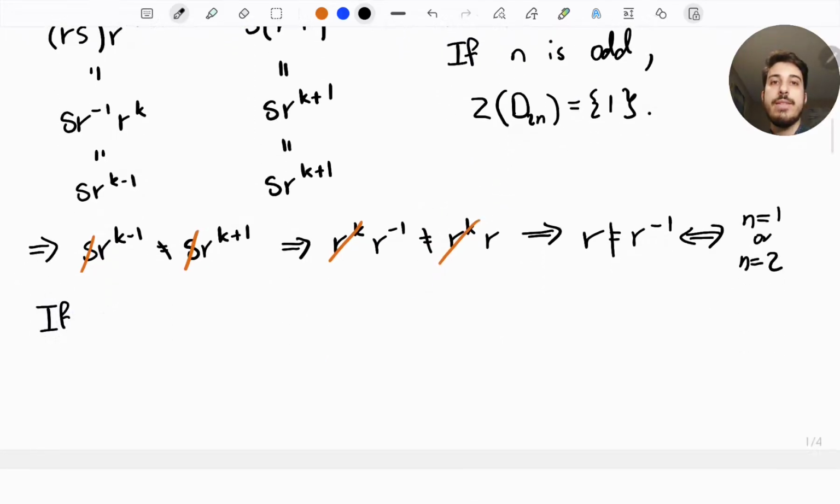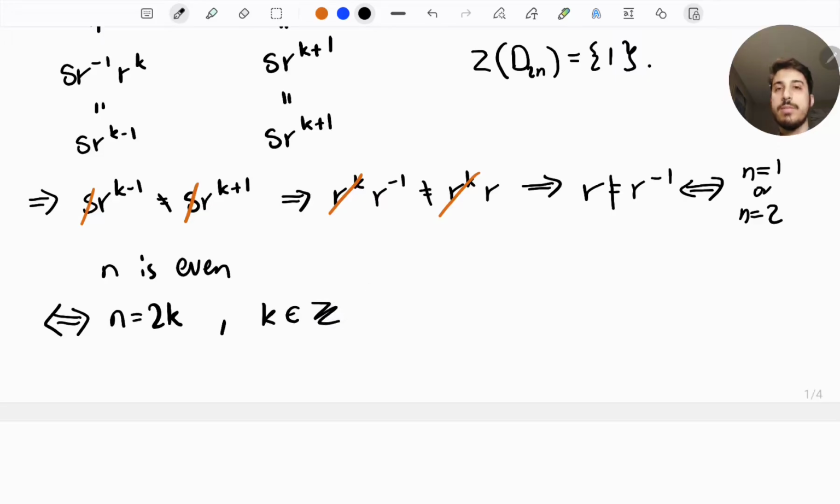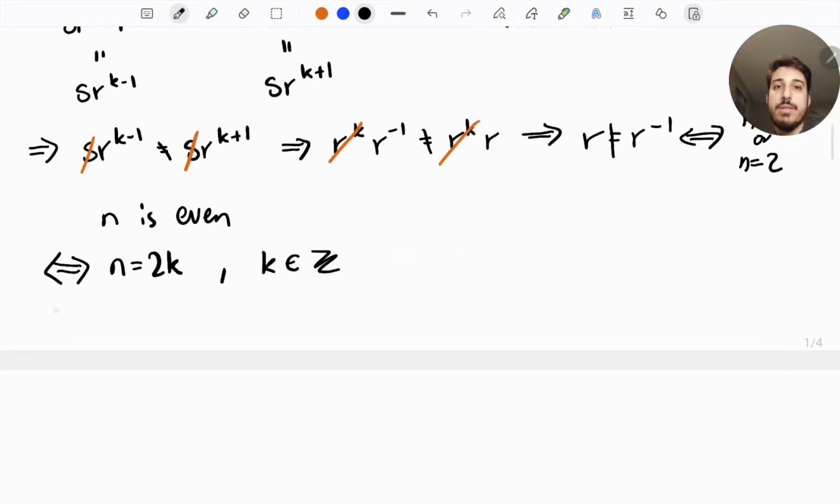If n is even, then we can say n is even if and only if n is equal to 2k, 2 times k, for some integer k. And this, of course, is if and only if n is equal to k plus k, and that's if and only if n minus k is equal to k.